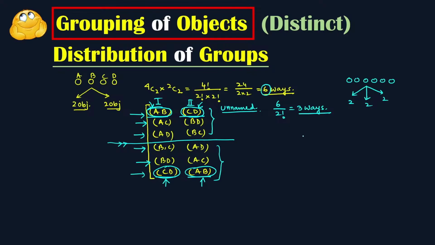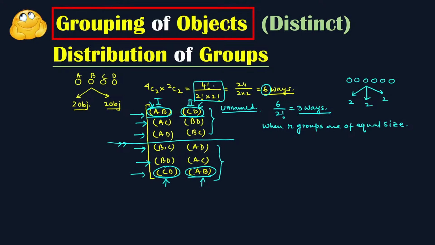So always remember that whenever R groups are of equal size, then whatever answer we are getting, what answer we got? We actually got this answer.